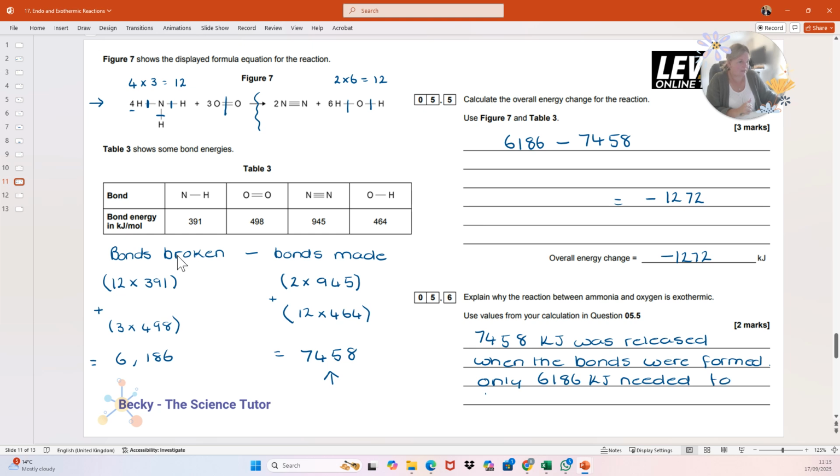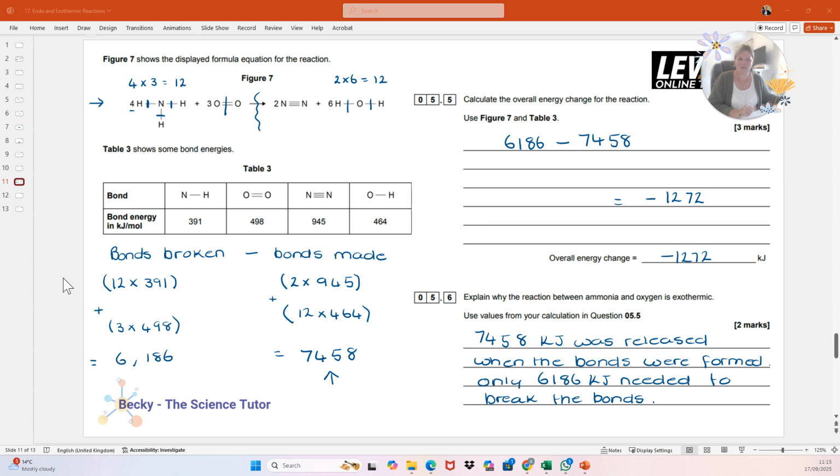So here you're just showing that you know that because it is a negative number, that is an exothermic reaction because we got more energy out. What we got out was bigger than what we had to put in, and therefore we must have that energy being released.